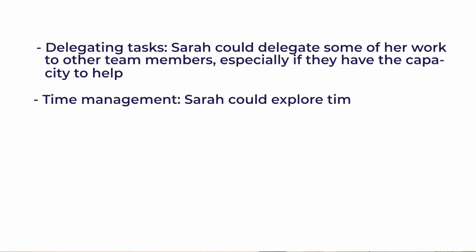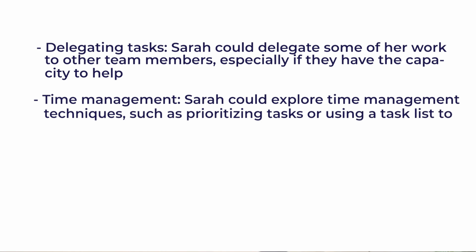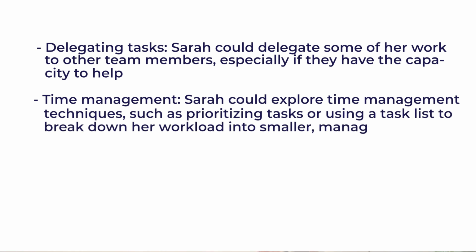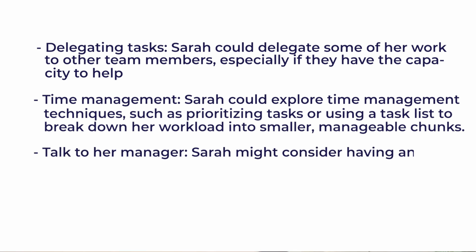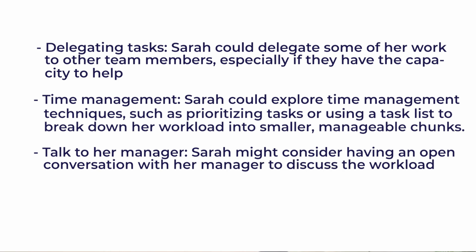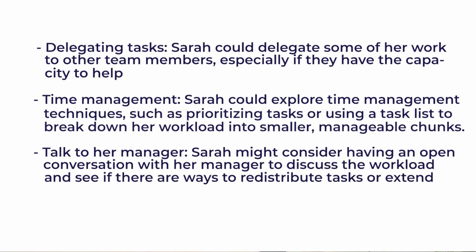Time management. Sarah could explore time management techniques, such as prioritizing tasks or using a task list to break down her workload into smaller manageable chunks. Talk to her manager. Sarah might consider having an open conversation with her manager to discuss the workload and see if there are ways to redistribute tasks or extend deadlines.